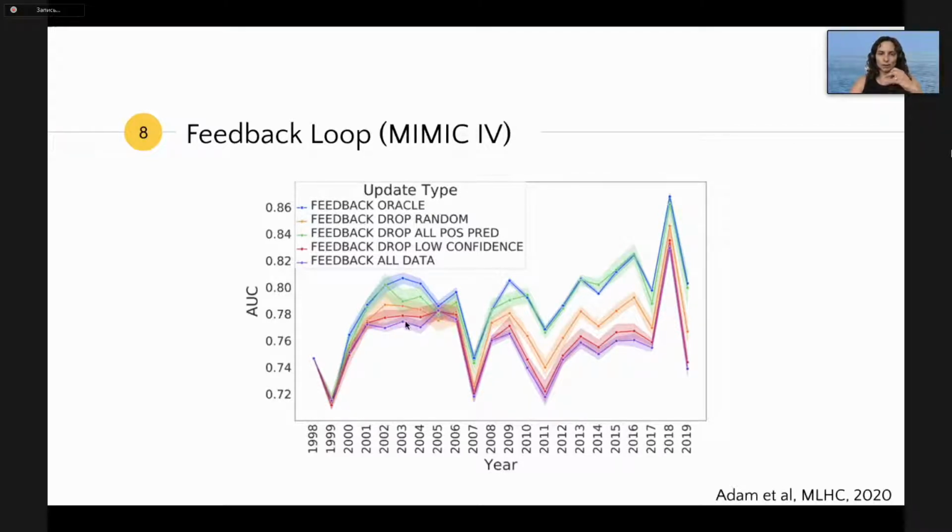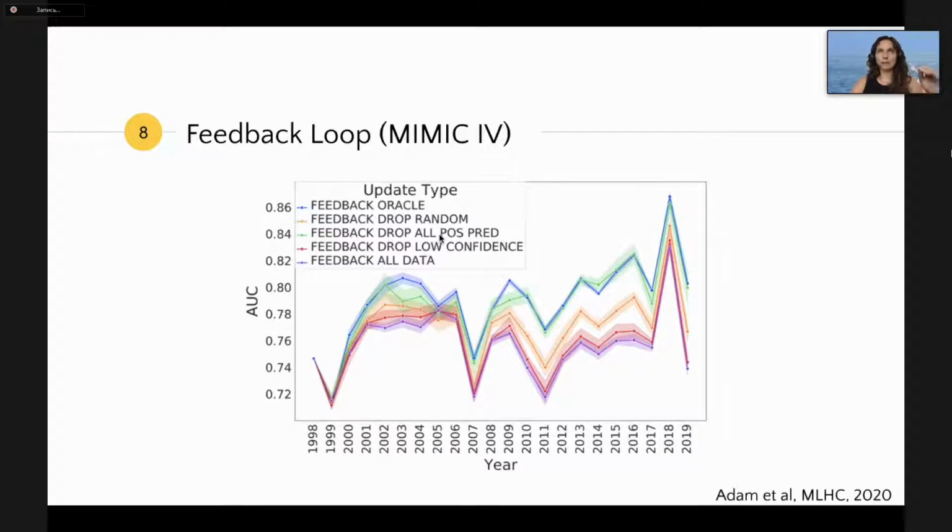The orange line here in the middle is if we drop false positives at random. So it's like conditional trust, but random conditional trust. The green is dropping all positive predictions.